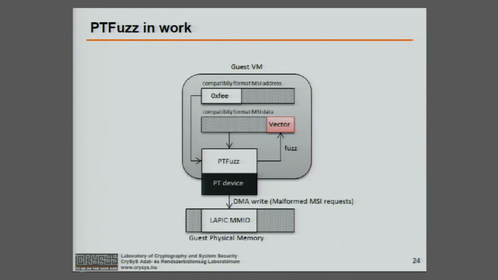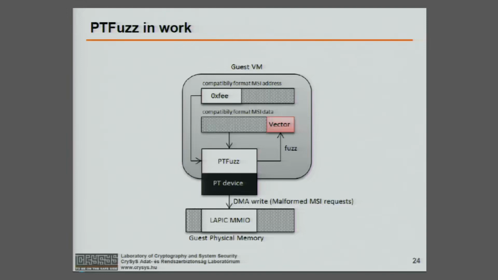So if I want to do a compatibility format MSI, I simply fuzz the MSI data. Afterwards, I fuzz some fields in the MSI address space. Every time I create a data and address pair, I just write to the local APIC and see what happens. So this is a manual fuzzer.